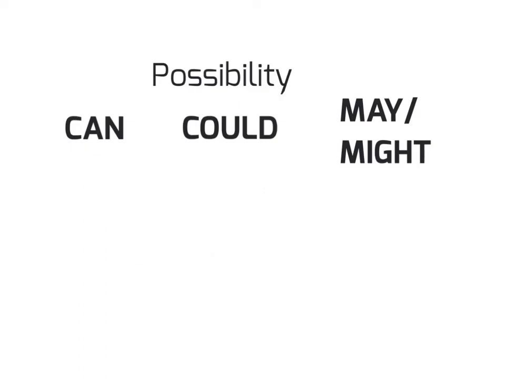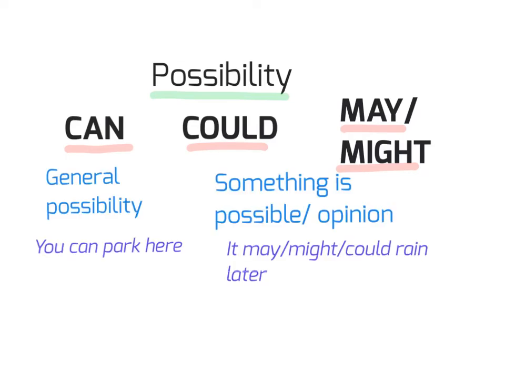So far, we've seen that to express possibility, we can use can, could, may, or might. But what's the difference between them? We use can to express general possibility. For example, you can park here. That means that it is possible to park here because there is a space.